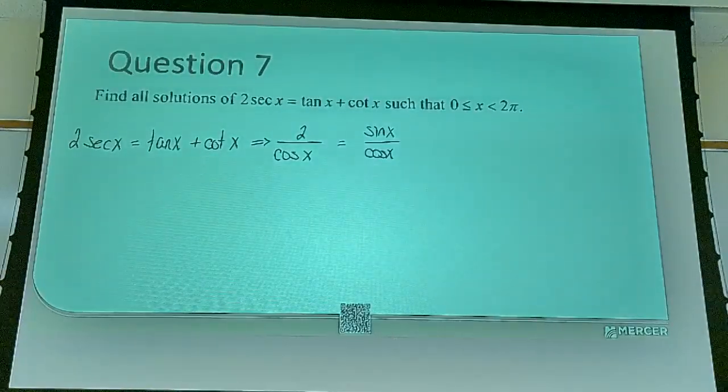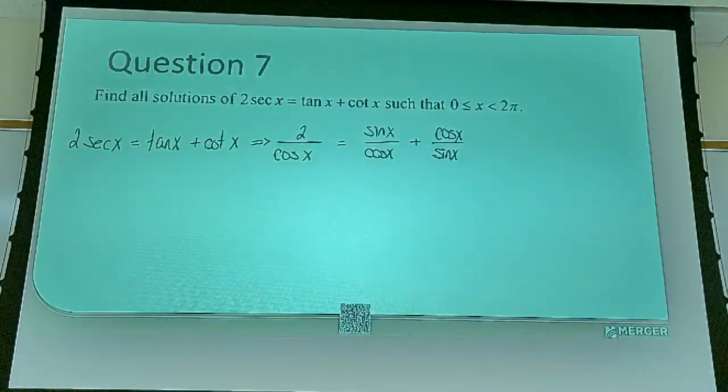And cotangent is cosine over sine. Common denominator is cosine times sine, right? So that's what you multiply everything by.